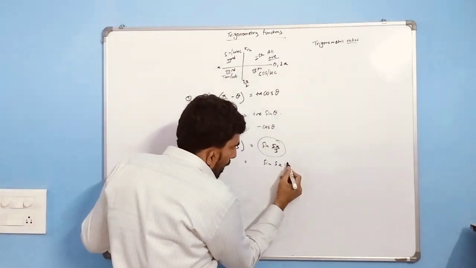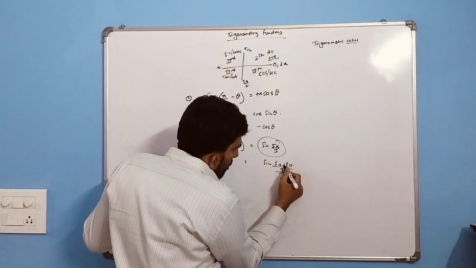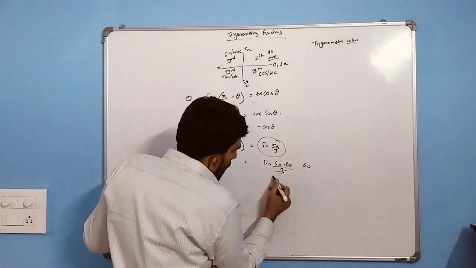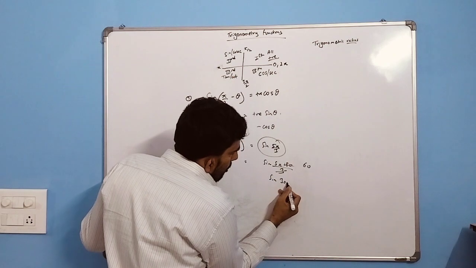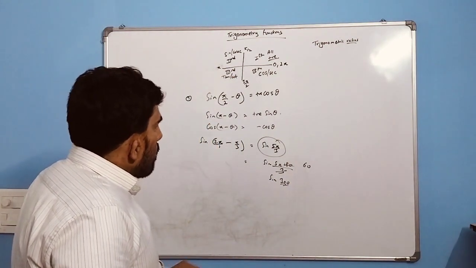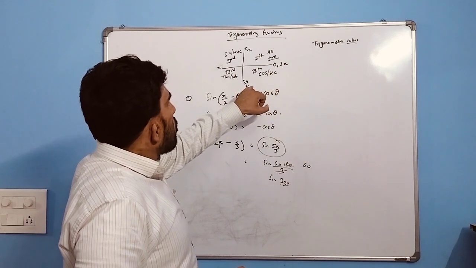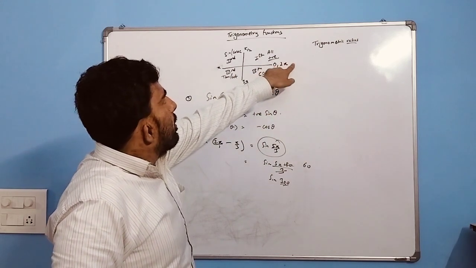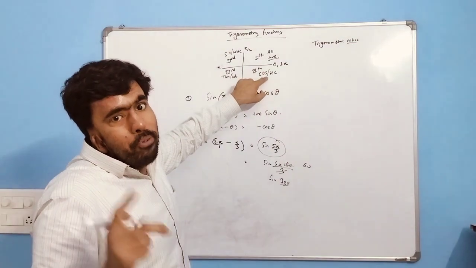So if I put pi as 180 upon 3, I am talking about sin 300. Okay, so I am talking about sin 300, between 270 and 360, so it lies in the fourth quadrant.